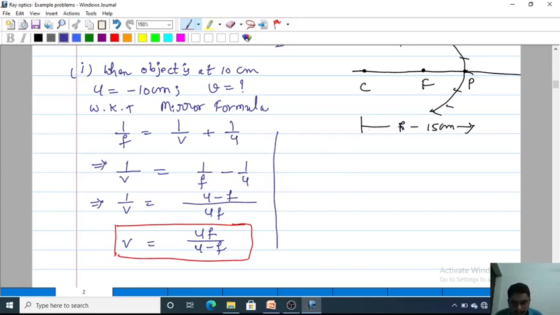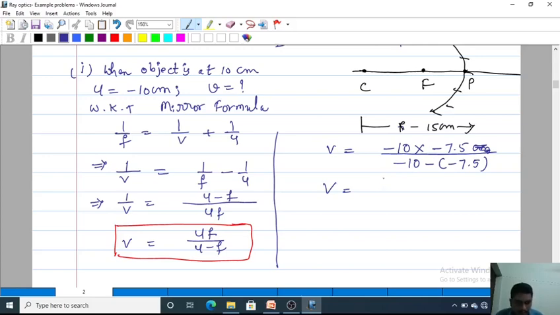Okay, so I'll find the position of the image here. v is equal to u into f, object distance is minus 10 and focal length is minus 7.5 centimeters, and again u minus f is minus 10 minus of minus 7.5 centimeter. No need to write the unit here. Okay, so image distance v is equal to, what do you get?